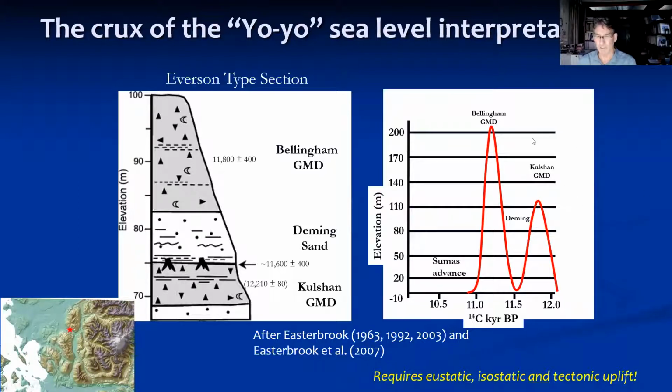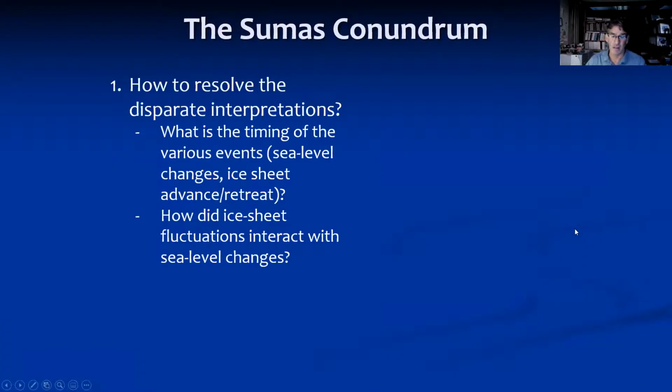Is there some way we can reevaluate the deposits that have been at the center of this controversy? So the key things here, the Sumas conundrums, as I tend to refer to it: number one, is there a way that we can resolve the two disparate interpretations on either side of the border, in terms of, can we refine the timing of all these different events?